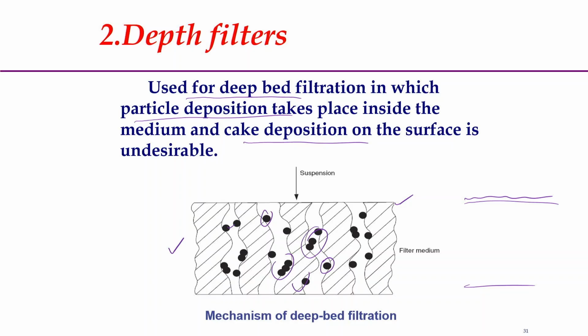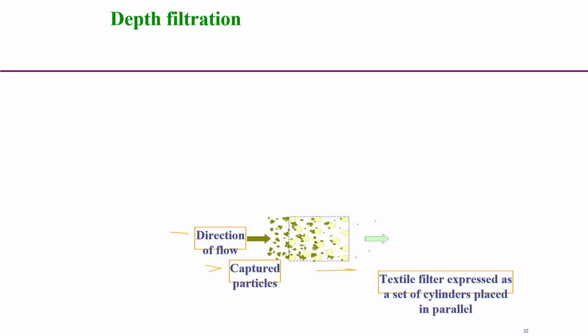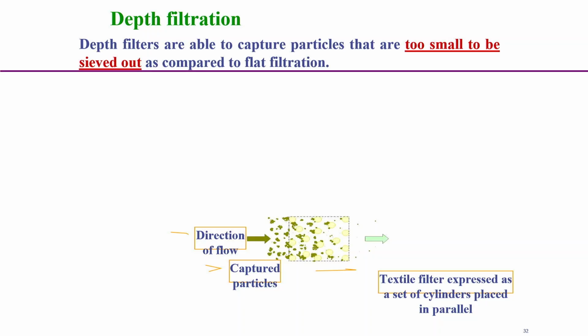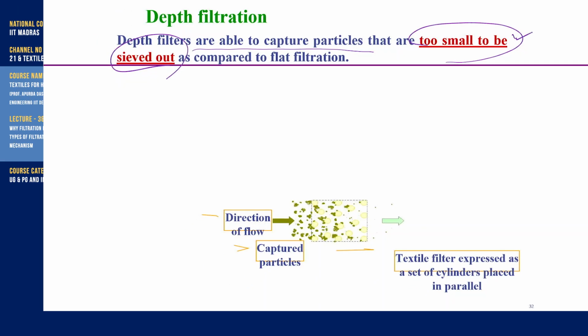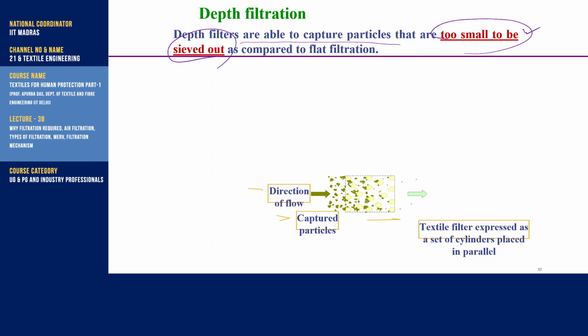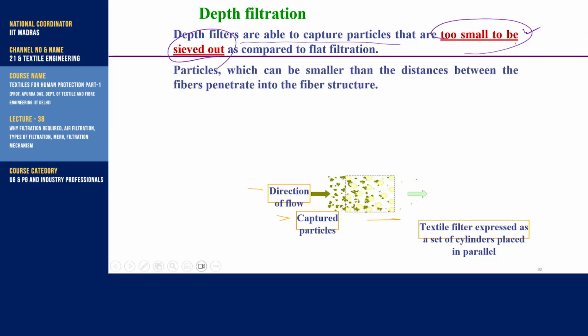We will discuss the different mechanisms. Depth filters are able to capture particles that are too small to sieve. So, surface filtration is used for larger particles and depth filtration is used for very small particles. Particles can be smaller than the distance between the fibers.